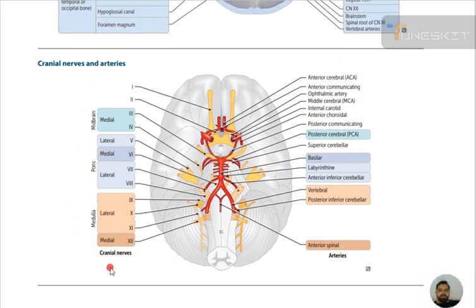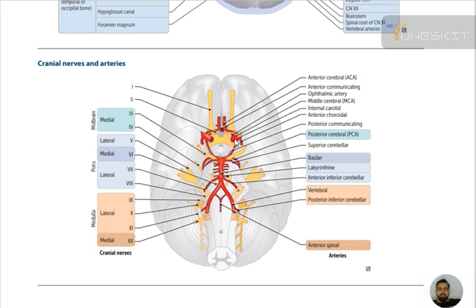So these were the nerves and these are the arteries. We already know this is the anterior cerebral artery. The artery connecting the anterior cerebral arteries is the anterior communicating artery. Then the artery very close to the optic nerve is the ophthalmic artery. Then this is the middle cerebral artery.